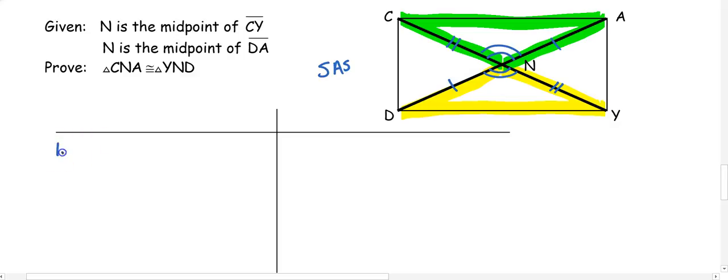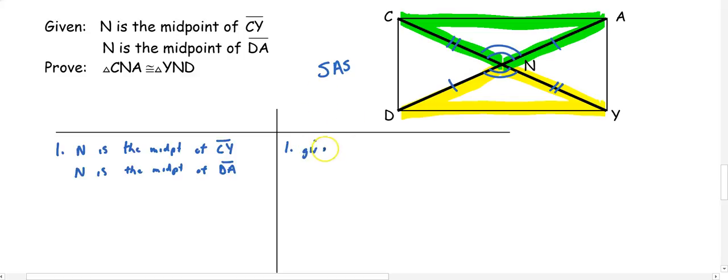So in step one, I need to say that N is the midpoint of CY. And I want to say that N is the midpoint of DA. Now, I can do the next step in two different parts or together because it's the same piece of information and the same reason.